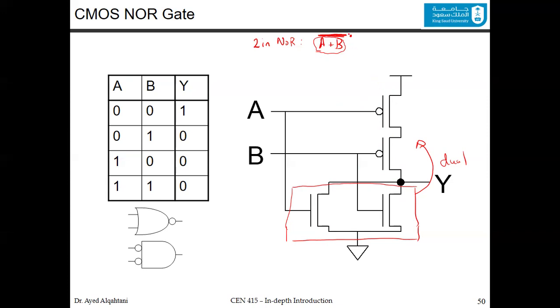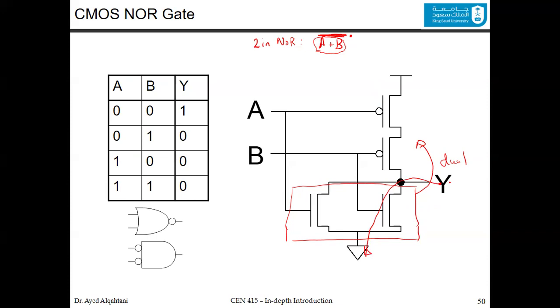Now, why do we need to make sure that you have an all bar? The reason is that when you have a path in the pull-down network, the output won't be 1. It will be 0 because you will connect to the ground.